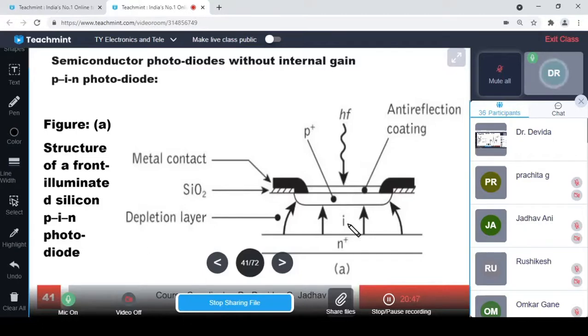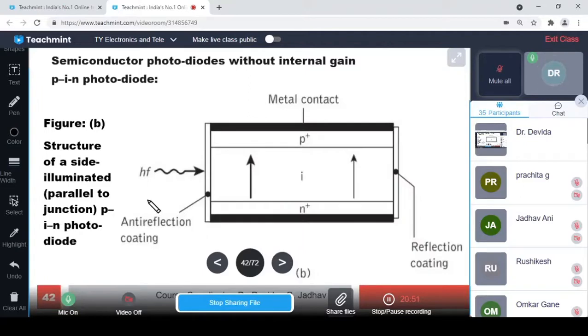In side illumination, the absorption region is different and very wide, 500 micrometers. So this is the difference, and we have discussed these structures many times.